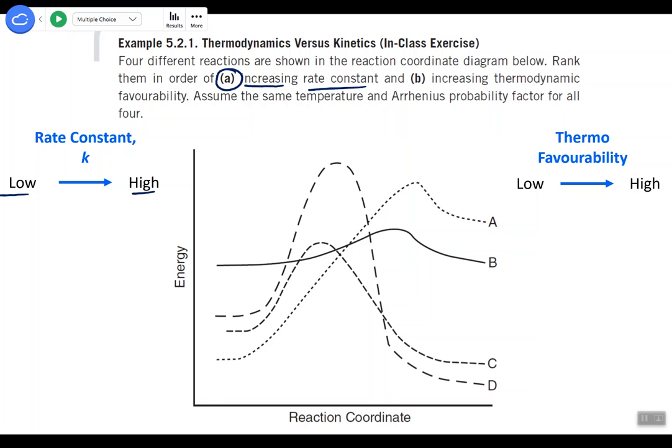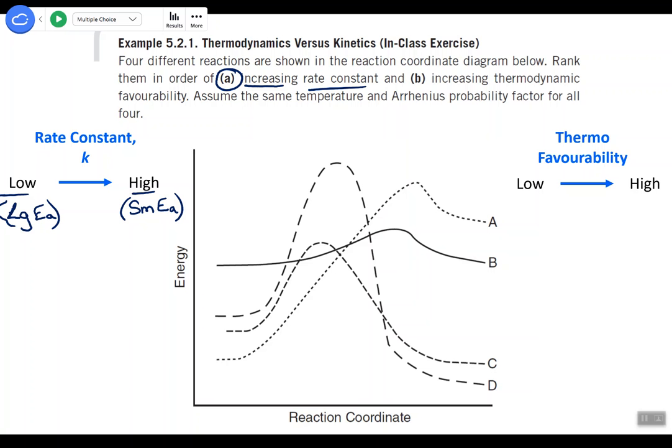Well, a big specific rate constant means a small activation energy, and a low specific rate constant means a large activation energy. So I'm going to write down what I actually want to compare them to. I want to write from a large activation energy to a small activation energy.